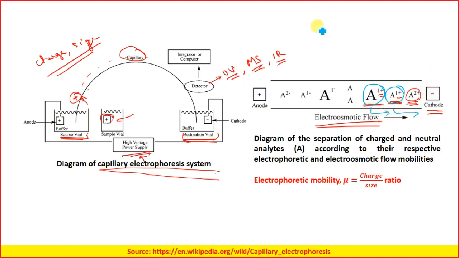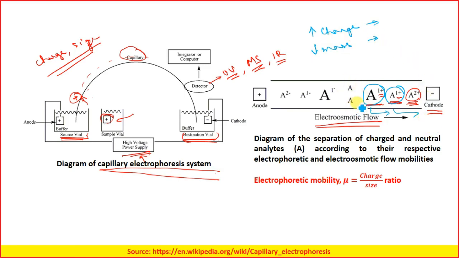So from here we can see, if a molecule has higher charge, it will move faster, and if it has lower mass, it will move faster towards the specific electrode.